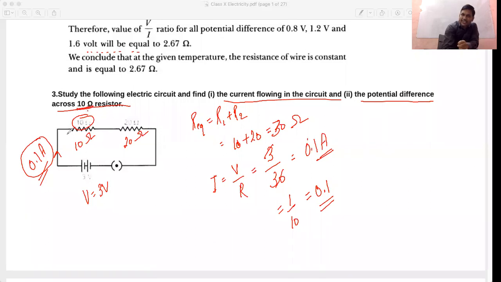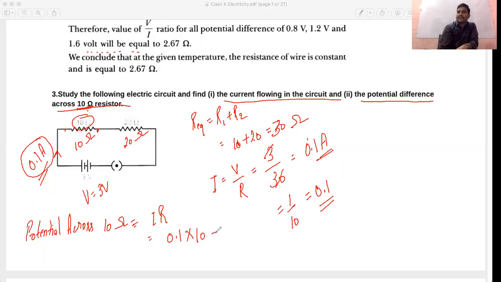So the potential across the 10 ohm resistor will be I into R. I is 0.1 and the resistance is 10. So this will be 1 volt.